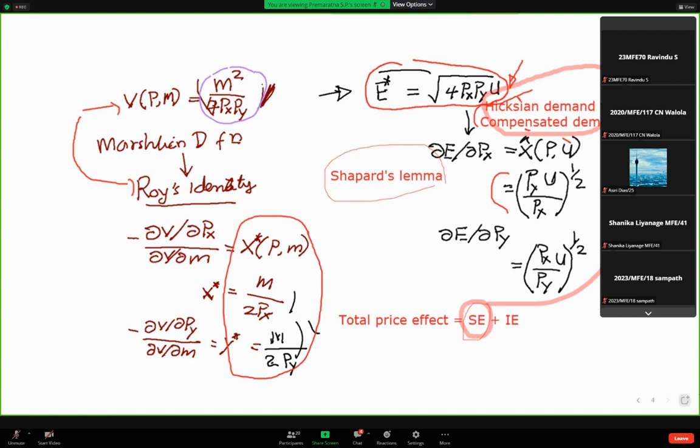Another thing: directly you can derive the minimum value expenditure function, this one that we had here.